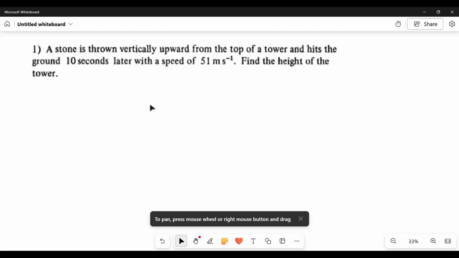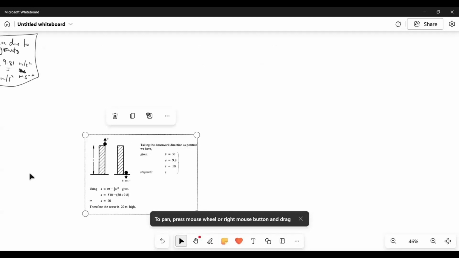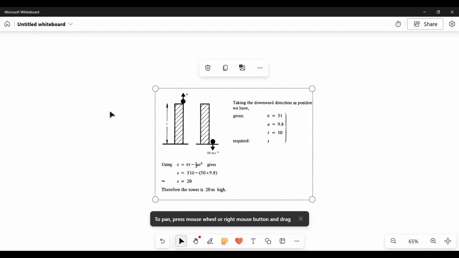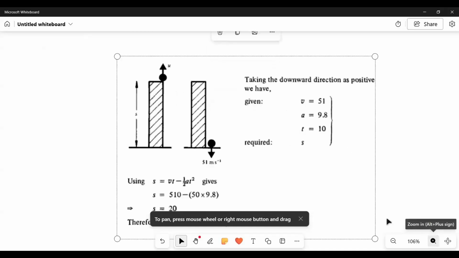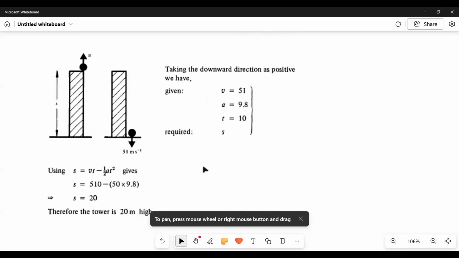Right? So let me give you a little diagram as to what's going on. Good.